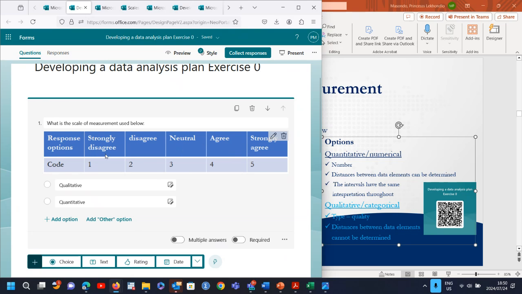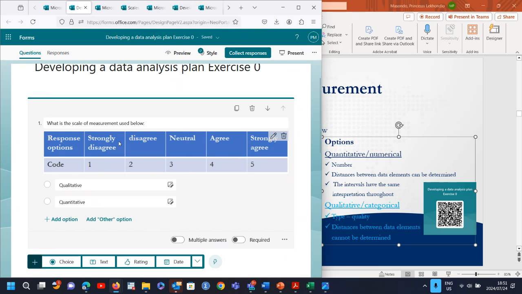Any distance we should be able to determine. And they have to have the same interpretation, the same meaning. So the distance between strongly disagree and disagree, because it looks like you are moving the same, and the distance between disagree and neutral should be the same.